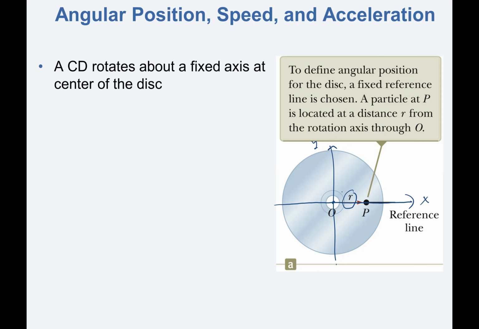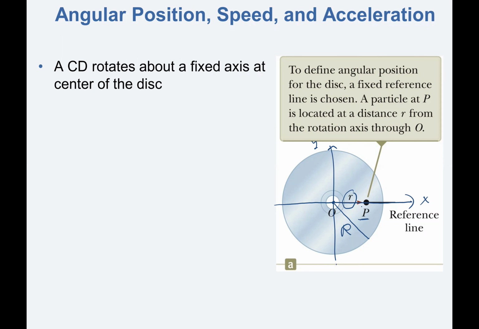The big R is the size of the disk, the compact disk, but the lowercase r is the position of that particle P on the disk.